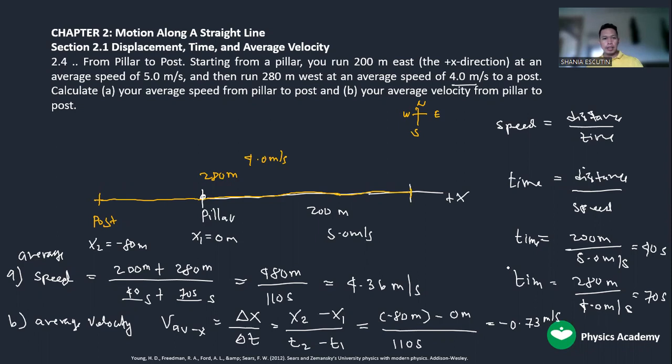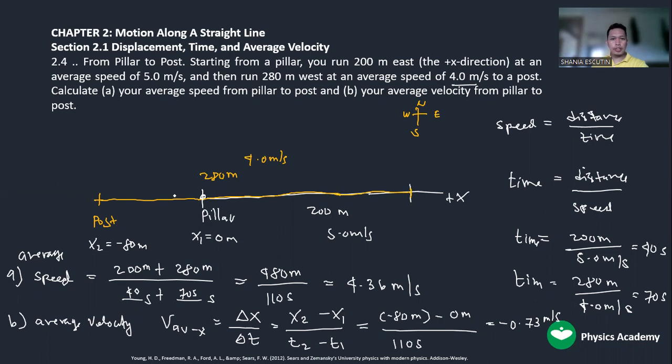The total distance is 200 plus 280. However, when you talk about displacement, it is the distance from your starting point to your final position. If this is the pillar, the shortest distance to the post is 80 meters.